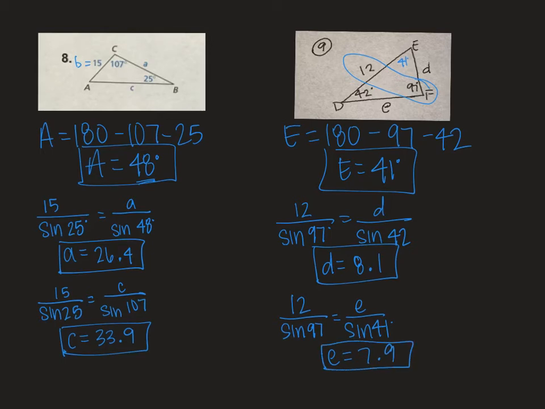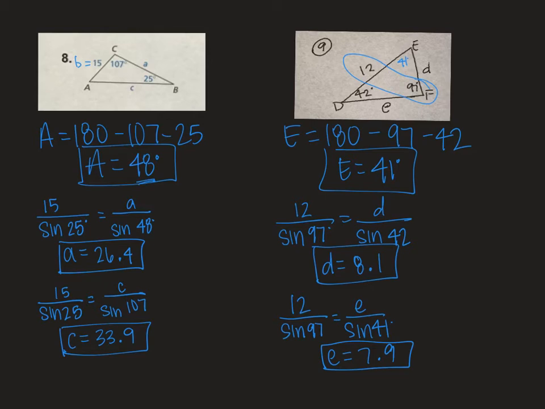So you'll notice that D and E are very close together. D is 8.1, E is 7.9. But if you look at their angles, angle D is 42 and angle E is 41. So the closer the angles are together, the closer the side lengths will be together.